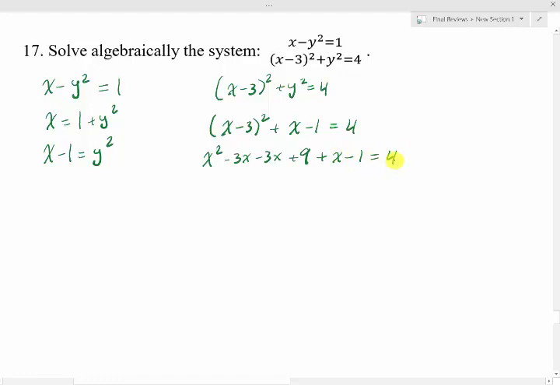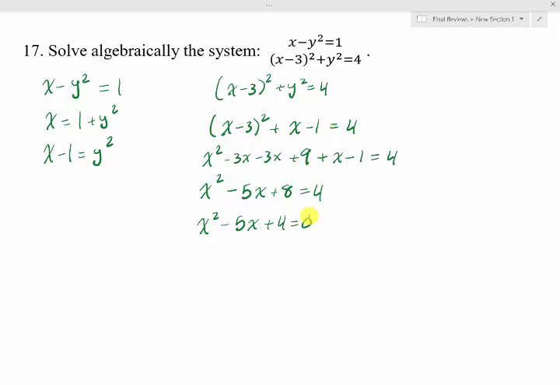I'm going to combine all my like terms, and then get everything to the left-hand side. So I'm going to subtract 4 from both sides. Then I want to factor this, which I can, because my factors would be -1 and -4, so not too bad.